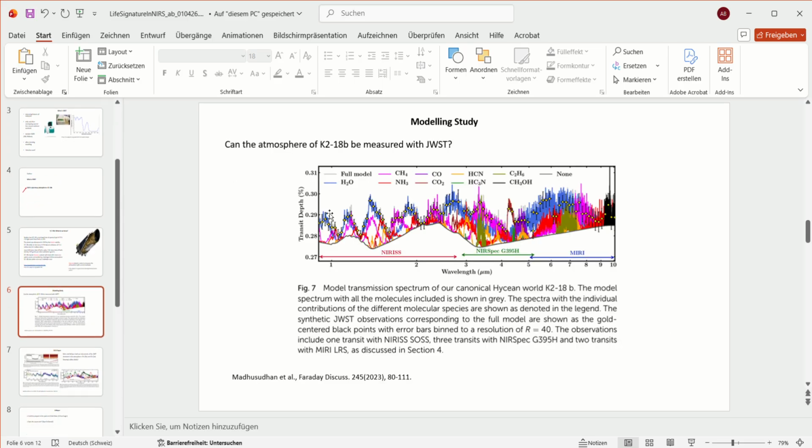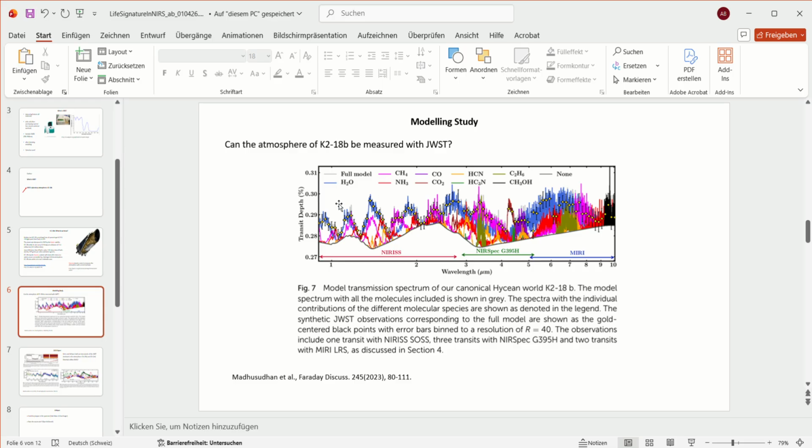So now I'm reporting a series of studies, and they all have the same first author, which is Madhusudhan. The first paper came out in 2023, and they made this modeling based on the spectrum that they obtained with the NIRSpec instrument from the JWST, which is, I think, the best telescope for that at the moment.